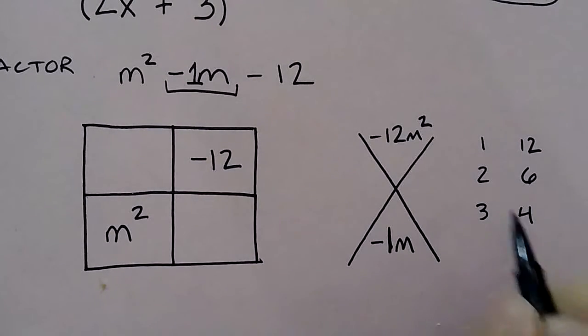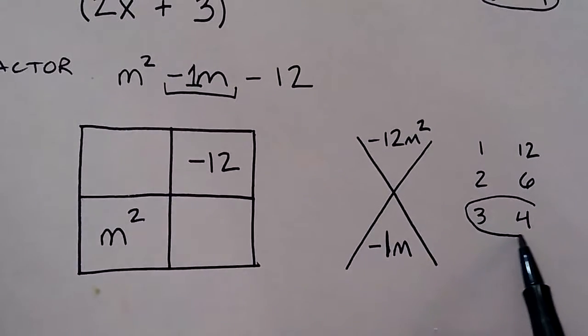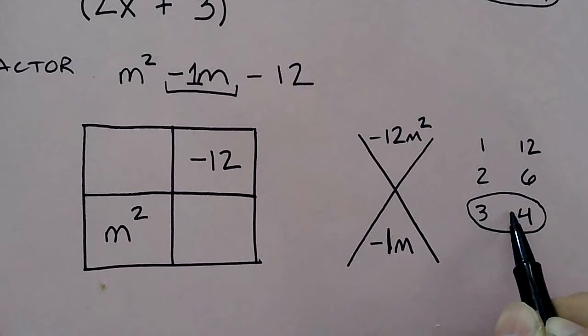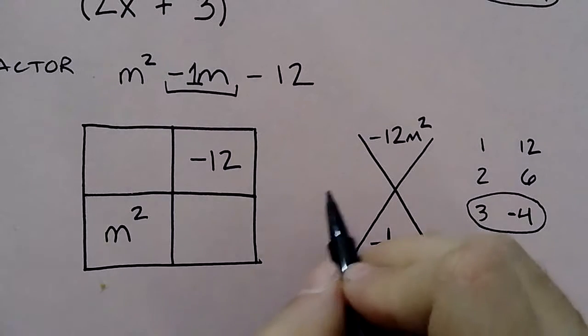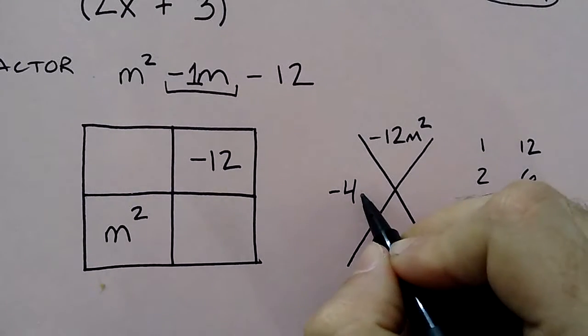So if I look here, I'm thinking which of these are one apart from each other? 3 and 4. The reason I want them to be one apart, I know that if I make my 4 negative, negative 4 plus 3 will make my negative 1. So those are my two parts of my diamond problem.